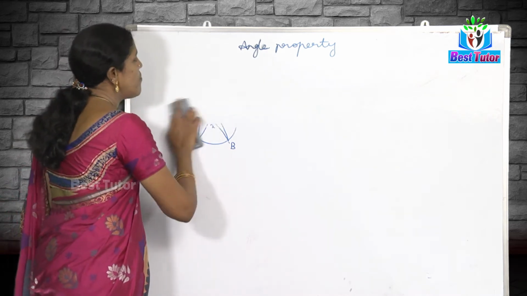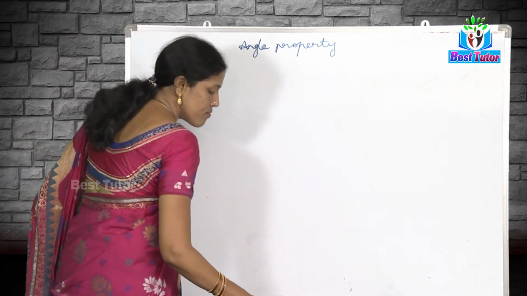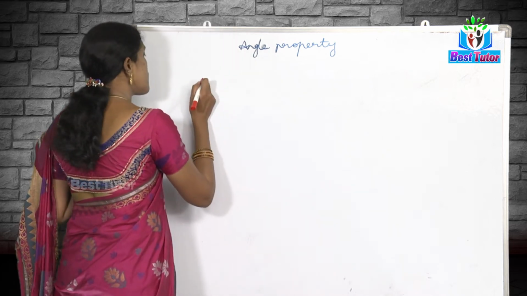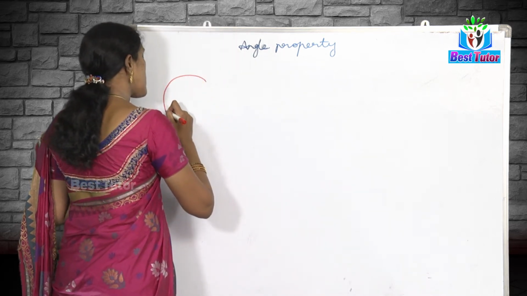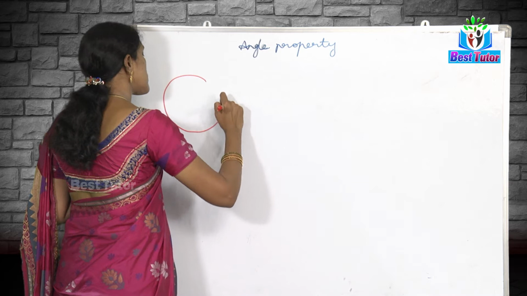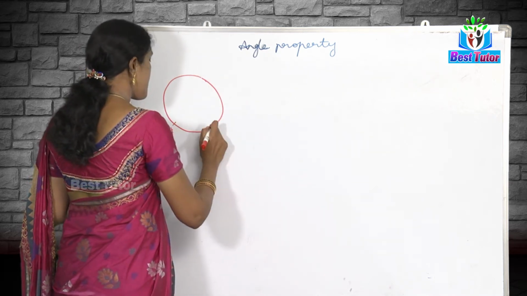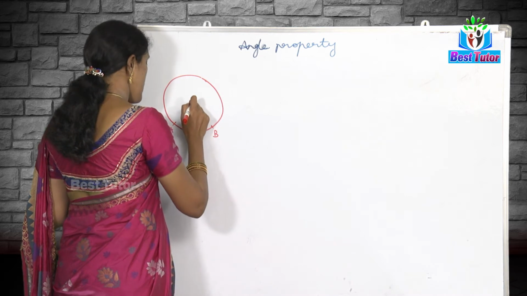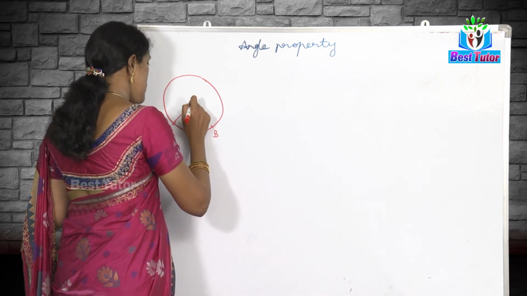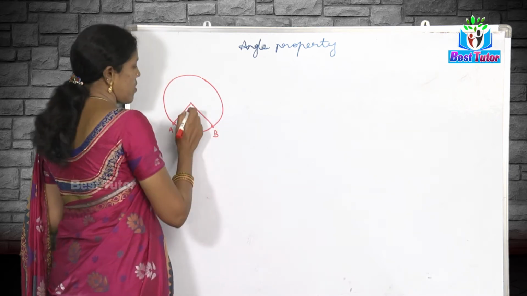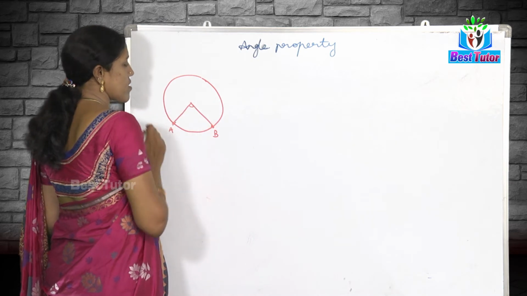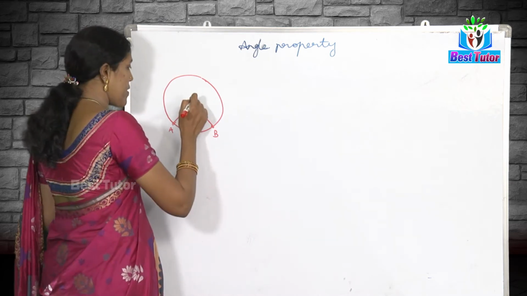Now, there are three possibilities here. Let us consider one after the other all the possibilities. I consider an arc AB. This is the center. We drew the radii and this is the angle made by this arc AB at the center.